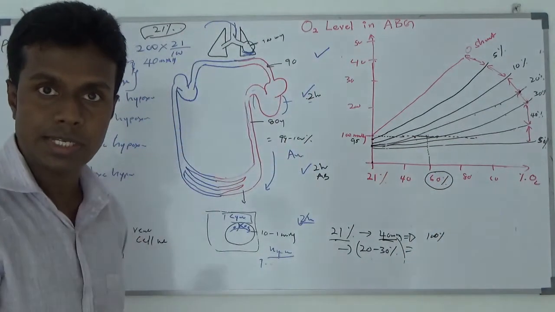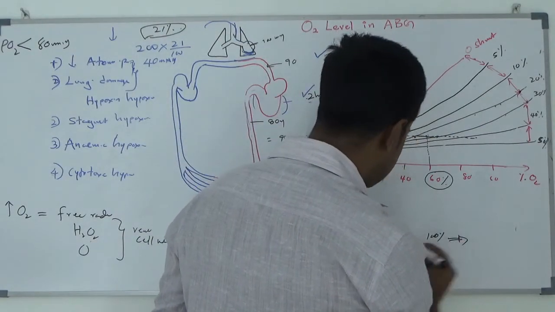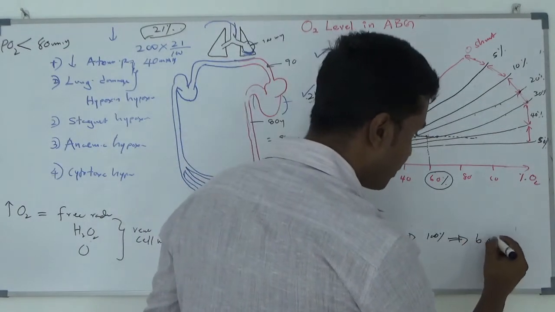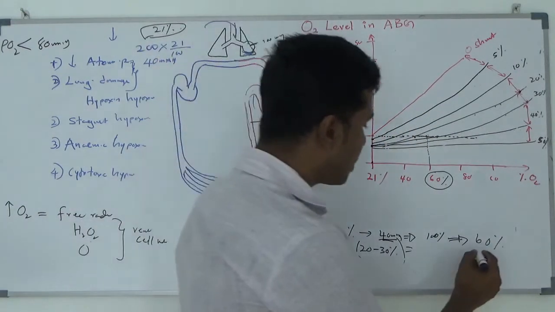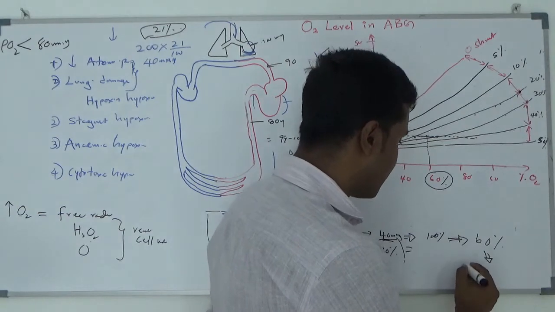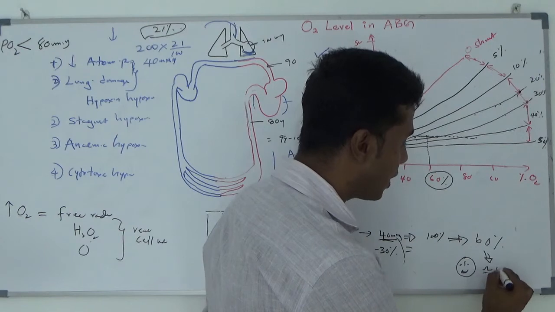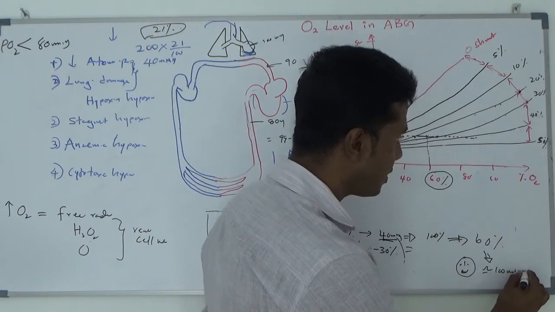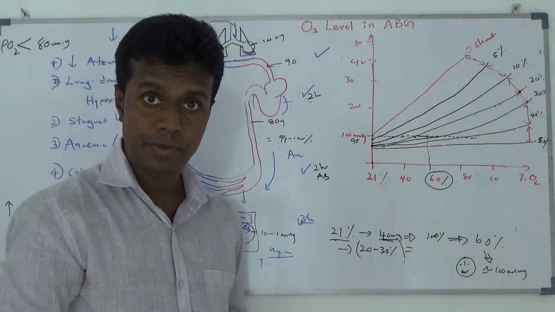So I am going to increase the FiO2 to 60% now. After about 2 hours, I am going to repeat the ABG. This is my happy patient. I got a value of roughly 100 millimeter mercury.